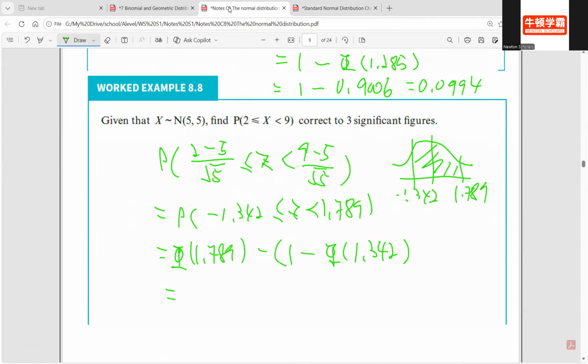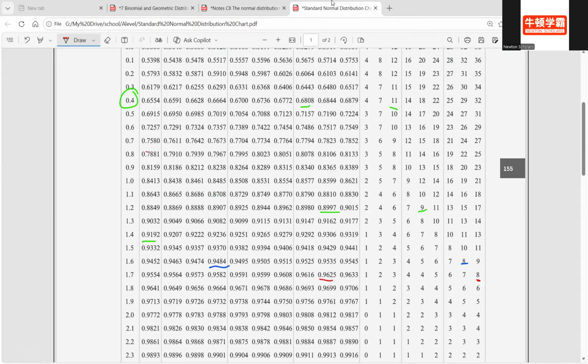Okay, 0.9633 minus 1 plus 1.342. 0.9099 plus 0.0003, okay, 0.9102.